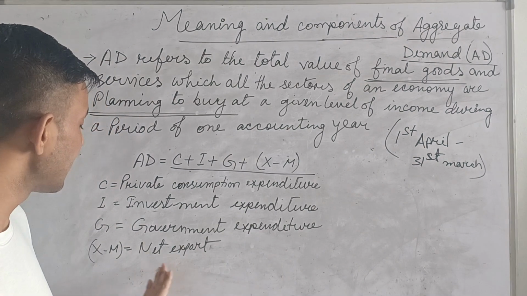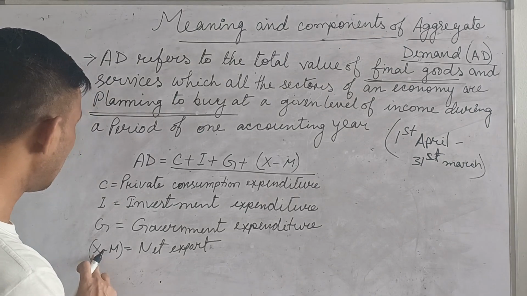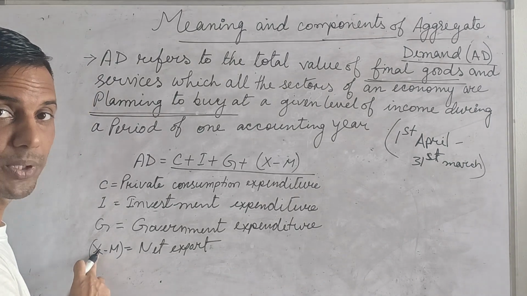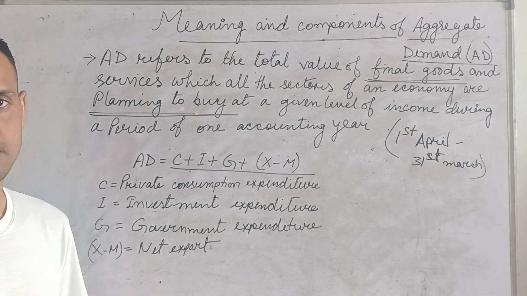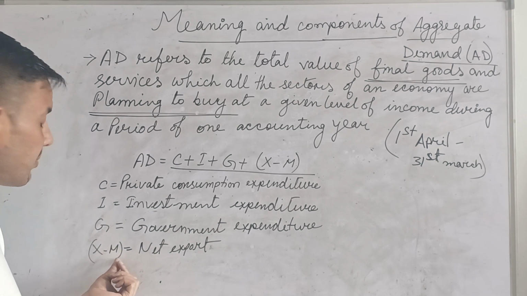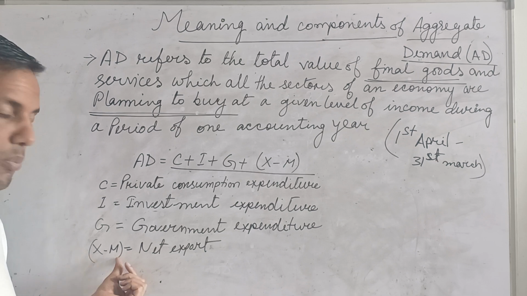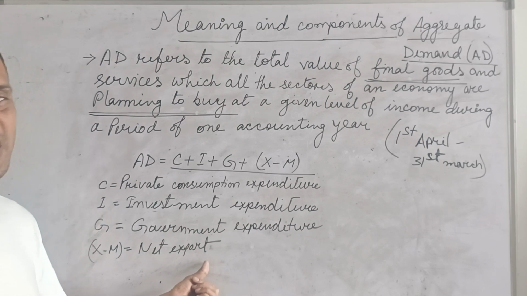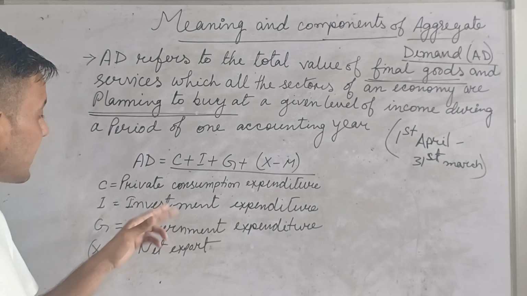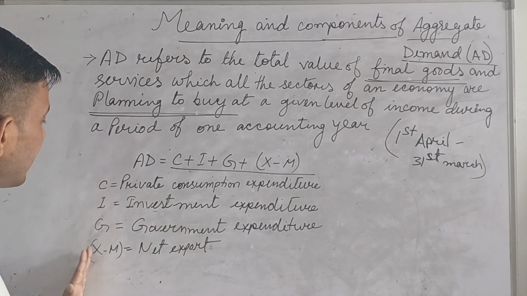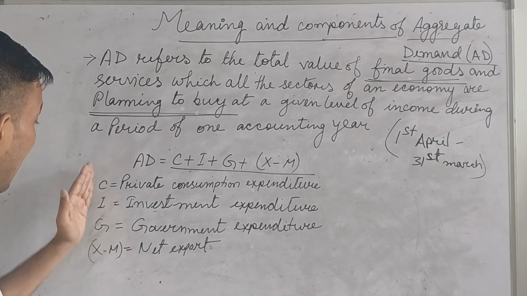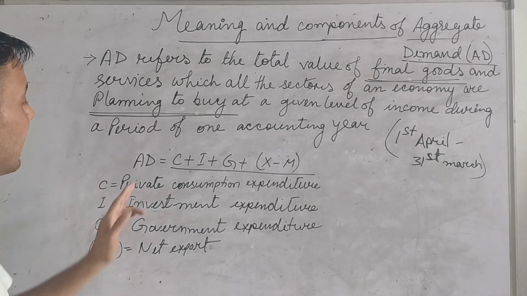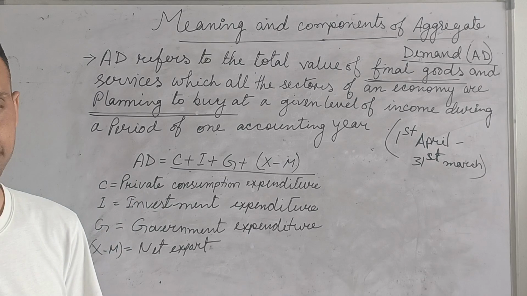And the last one is the net export. Net export means what? X minus M. X means export and M means import. So export minus import. So now you see there are 4 components, C, I, G and X minus M. When you add all these 4, you will get the aggregate demand.